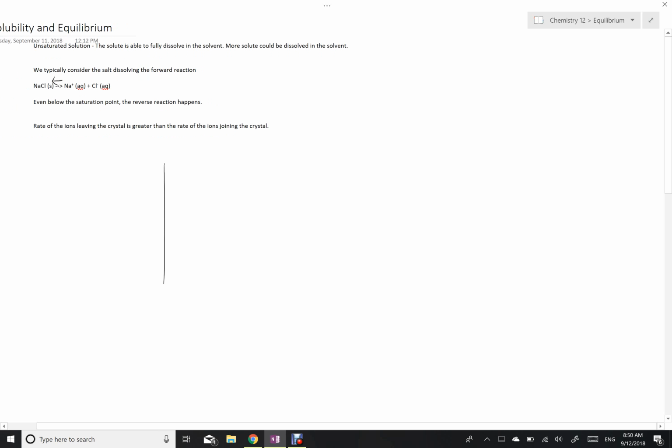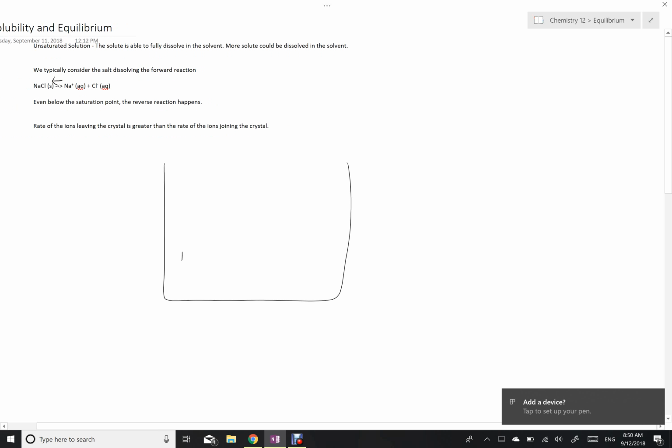So if we imagine we have a liquid, and we have our ions, and this is an undissolved crystal, it's all in the same location. Then slowly over time, the ions will detach from the crystal and spread out in the solution, and they'll be surrounded by the water molecules.